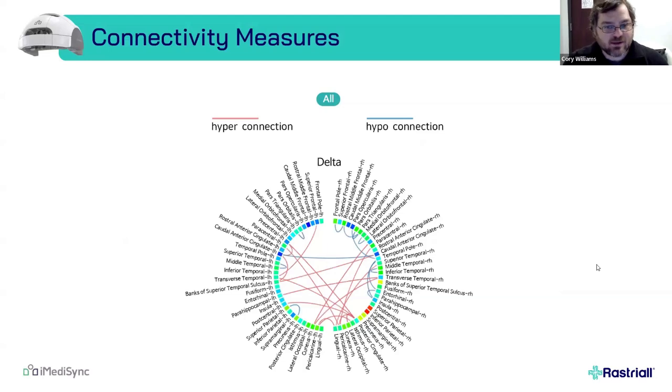The blue lines tell us areas that are not connecting well with each other. The red lines tell us areas that are over-connected. And that's another thing that we can address with different interventions, different medications, different types of training. But it helps us to figure out, again, what's happening in this brain and what we are going to do about it.